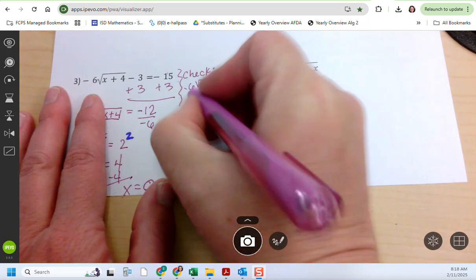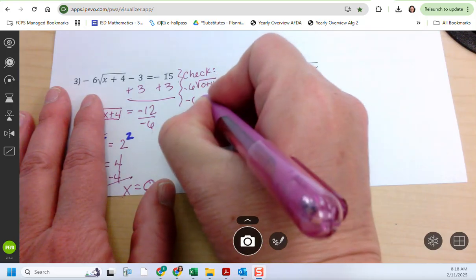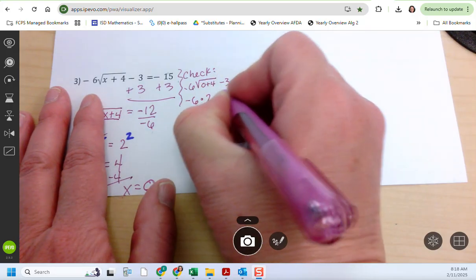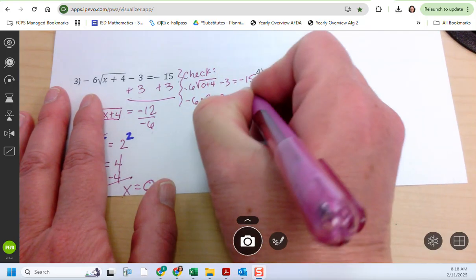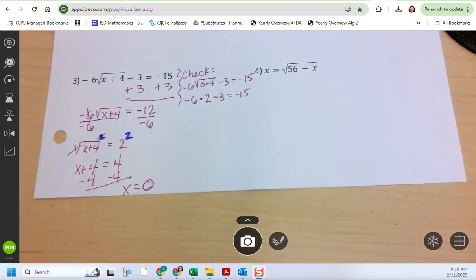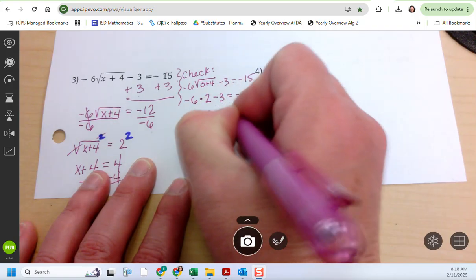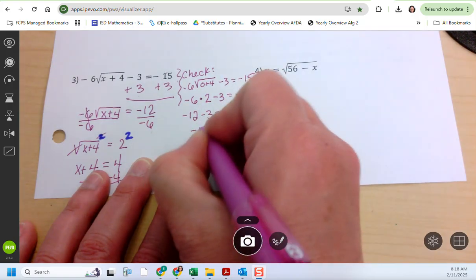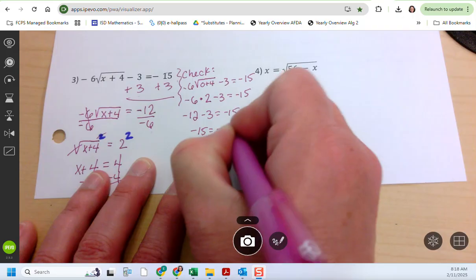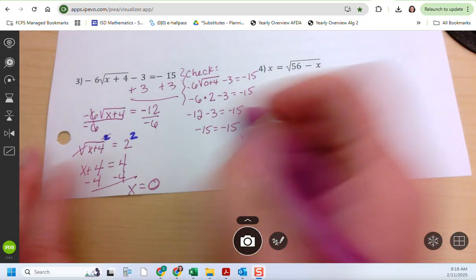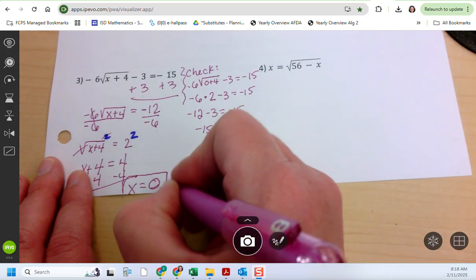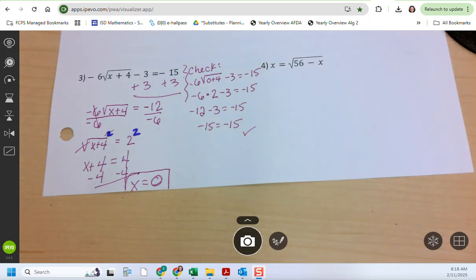So I have negative 6 times 2 minus 3 equals negative 15. Negative 6 times 2 is negative 12. And I finally get to negative 15 equals negative 15, so it worked. My check worked, which means I can box up this answer. This is my answer, x equals 0.